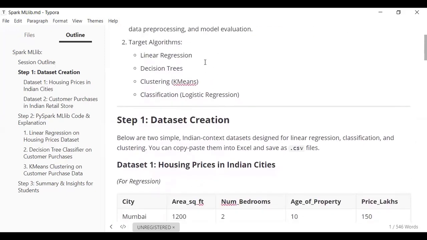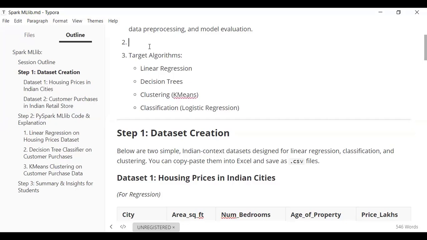These are the algorithms. Before the algorithms, let's make sure to understand that there are two concepts: supervised and unsupervised machine learning.